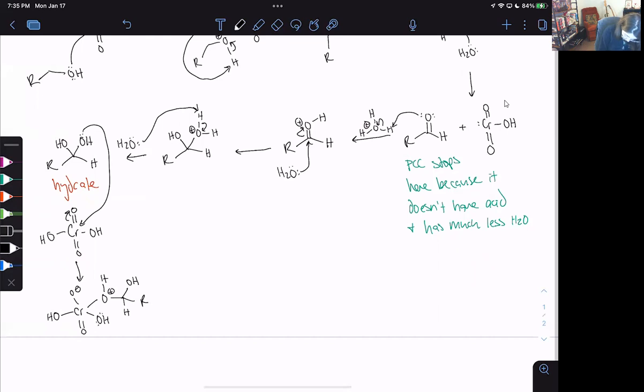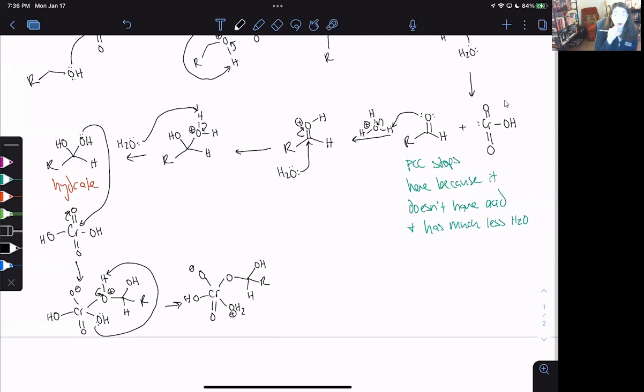Okay, we can do our proton transfer here. We can again kick off that water leaving group that we just made.